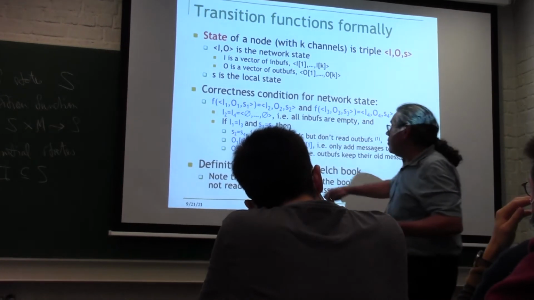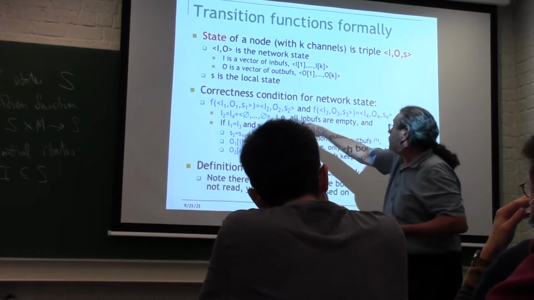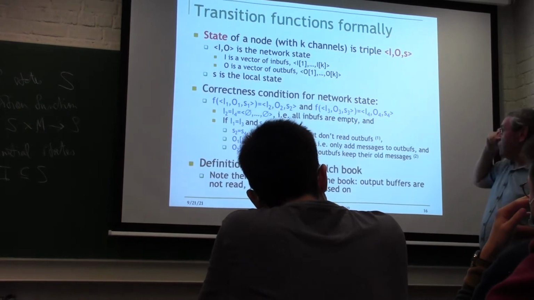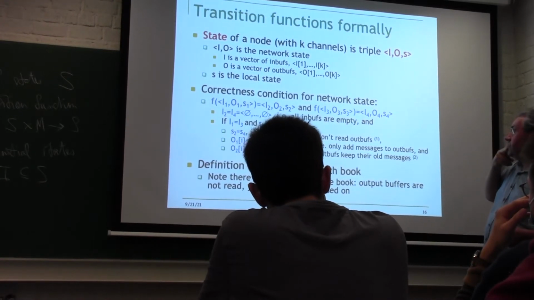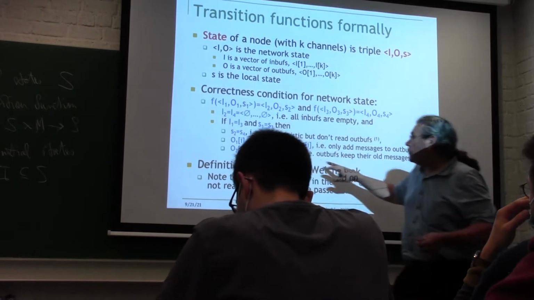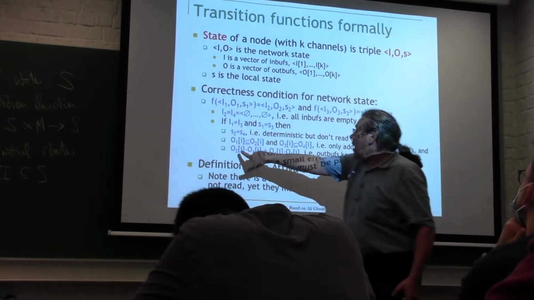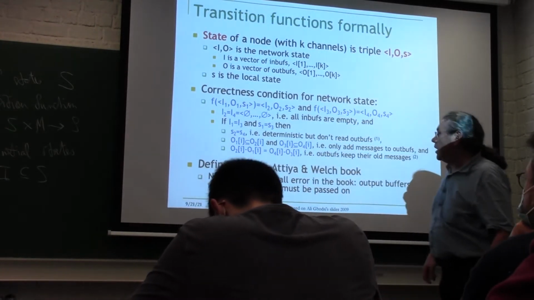Yeah, so the messages sent here are the same in both cases, huh? Okay, and yeah, I say outbuffs keep their old messages. So when the execution is going on, you're always adding the same messages, okay?